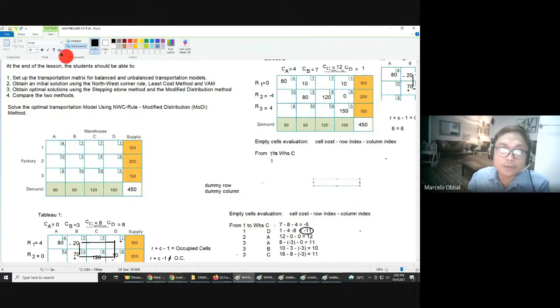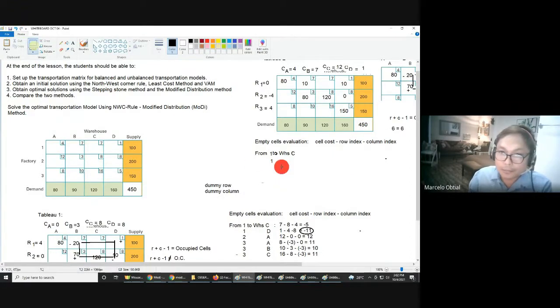It should be 2A. I'm talking about this cell, 2A, then followed by 2A. 1, 2, 3. I think it's the same here. We'll copy paste this one.